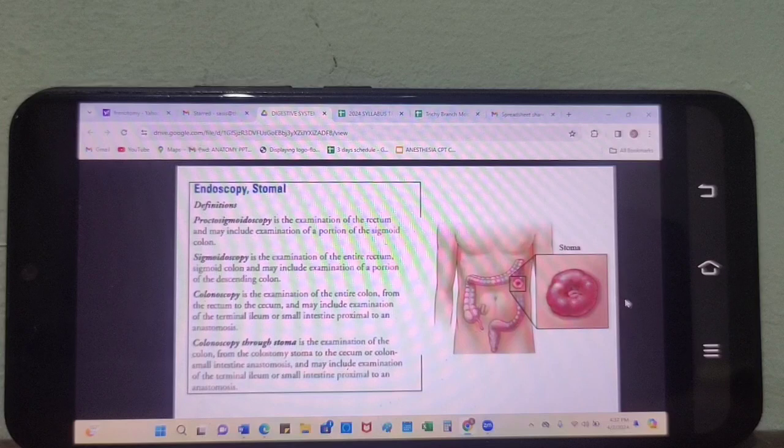Colonoscopy through stoma means, stoma means opening. Doctors directly make a hole on the abdomen and insert the tube. The scope is not inserted through the anus.